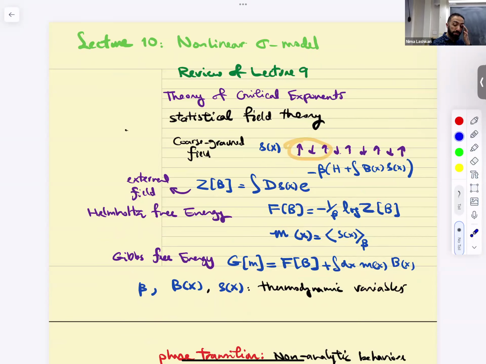Which is a coarse grain magnetization, local magnetization, e to minus beta H plus integral of B of X, S of X, right? So this Z of B is the generator of the thermal correlation functions. The Helmholtz free energy, which is minus 1 over beta log Z of B, is the generator of the connected correlators, right?